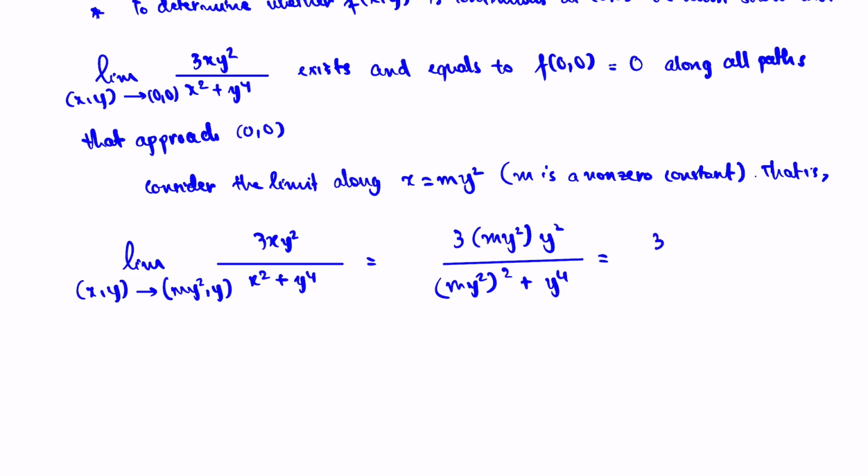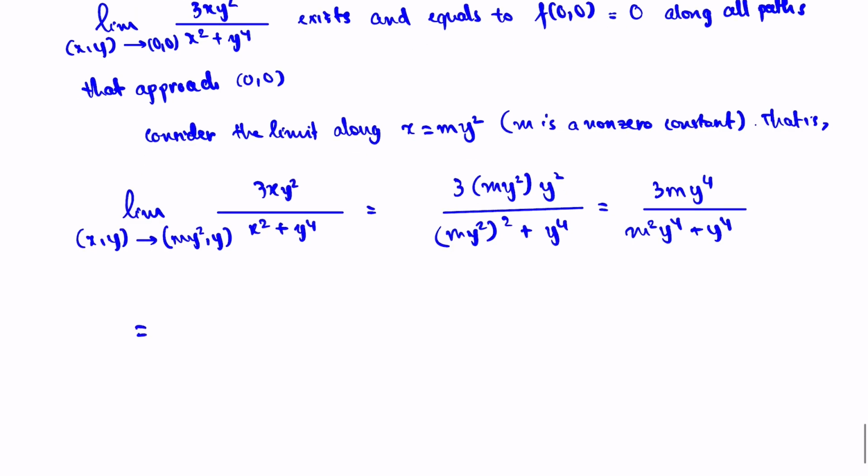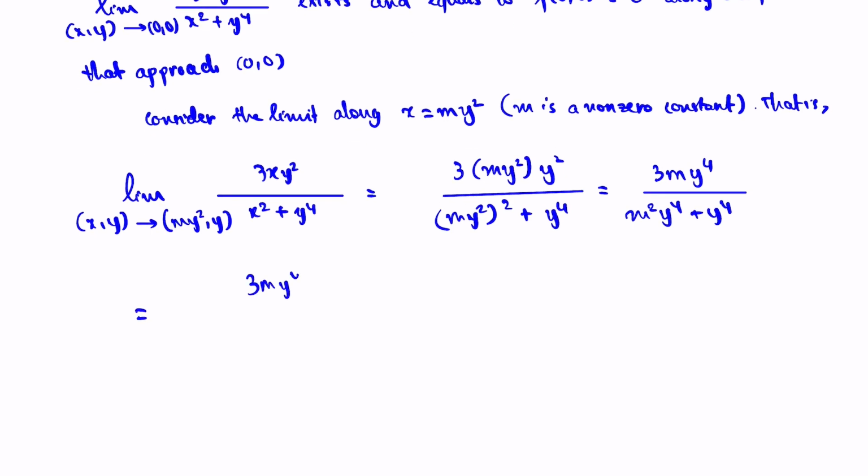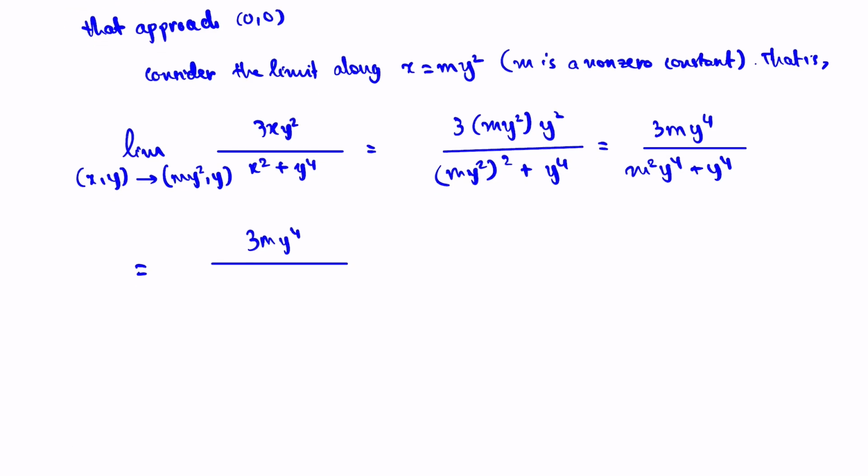And you get 3m y to the fourth over m squared times y to the fourth plus y to the fourth. In the denominator, y to the fourth is a common factor, so you get y to the fourth times (m squared plus 1). If you cancel out y to the fourth, you get 3m divided by m squared plus 1, for m a non-zero constant.